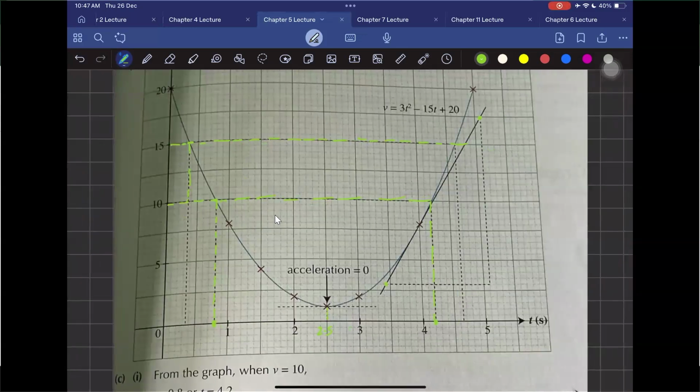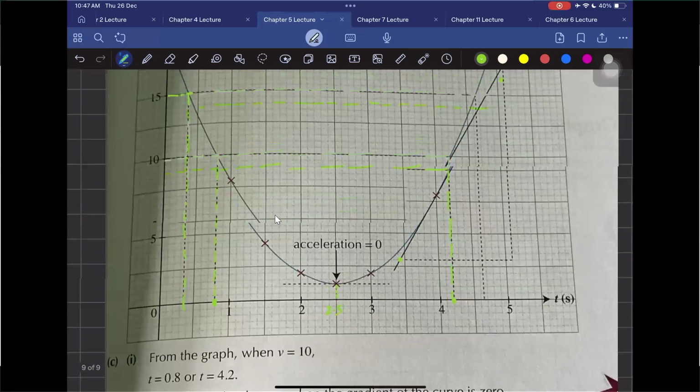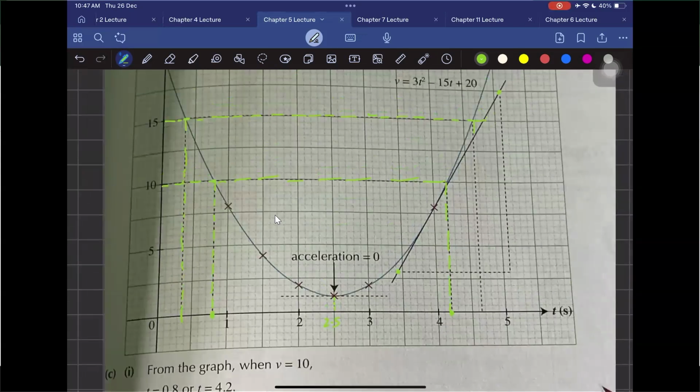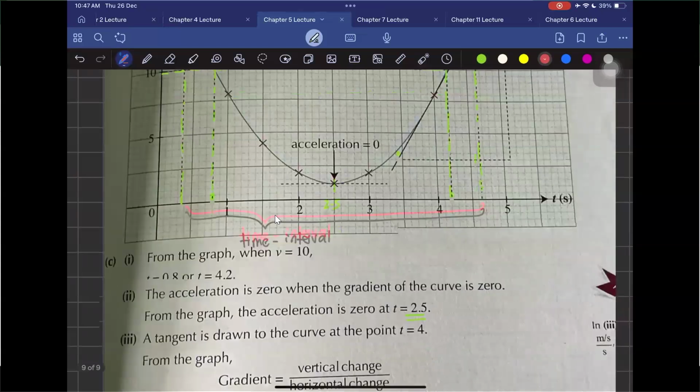So again, draw a vertical dotted line to indicate your x intersection on the x-axis. Then once you have it, this is the time interval. Okay. So you just read off the points.